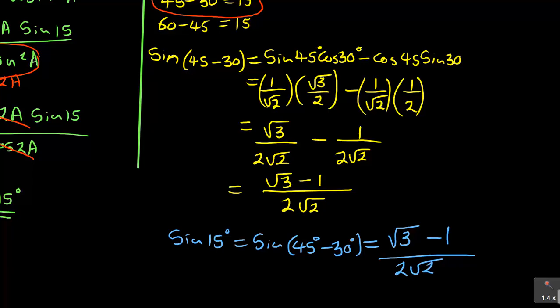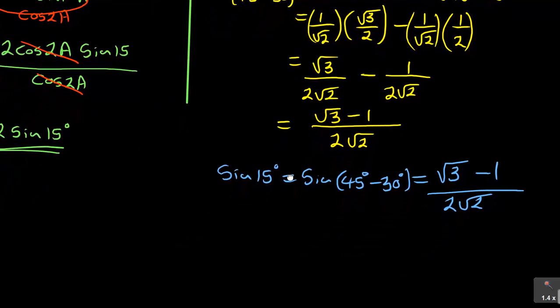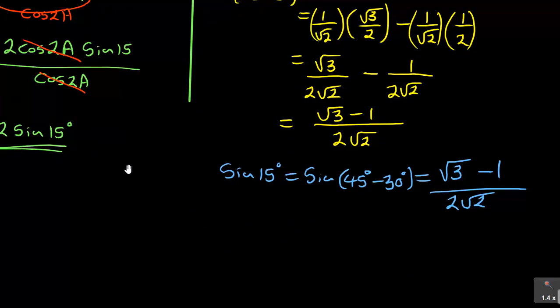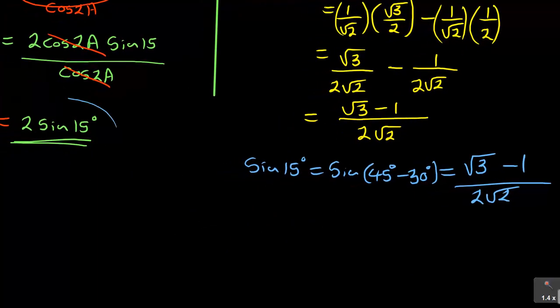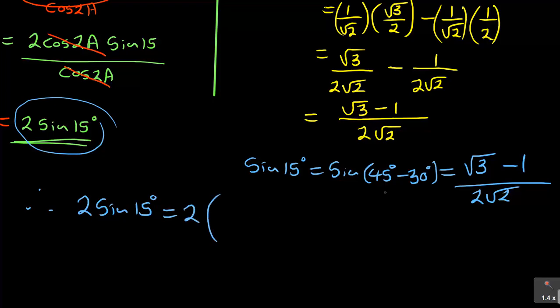But in our question, we are not given sine 15. We're given, look at this, 2 sine 15. Therefore, you can compute and say 2 sine 15 degrees is equal to 2 times that, which is root 3 minus 1 over 2 square root of 2.